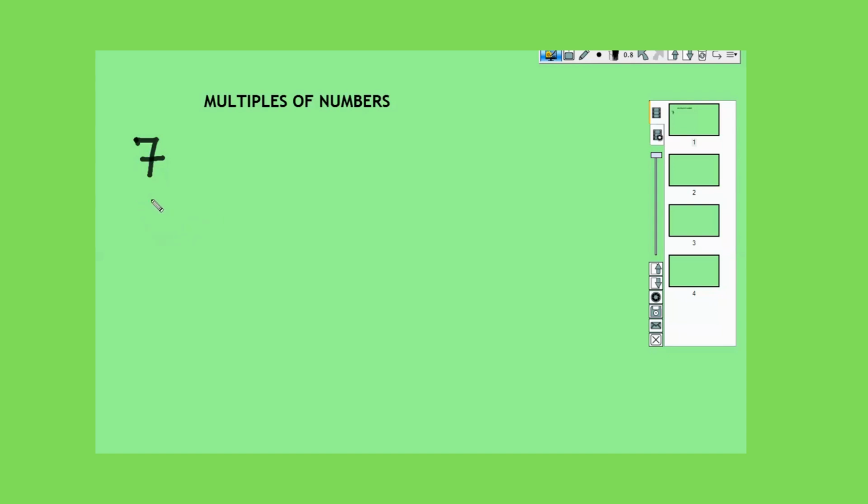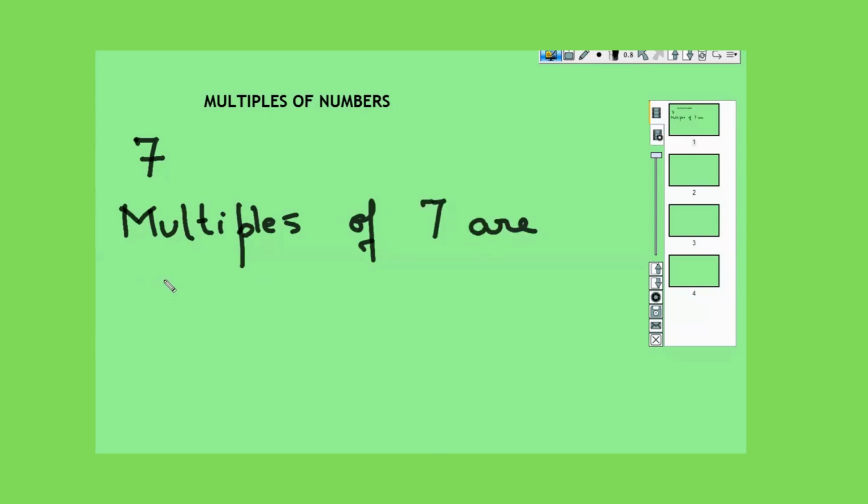We write down like this: multiples of 7 are 7 ones are 7, 7 twos are 14, 7 threes are 21, 7 fours are 28, 7 fives are 35, and it goes on.